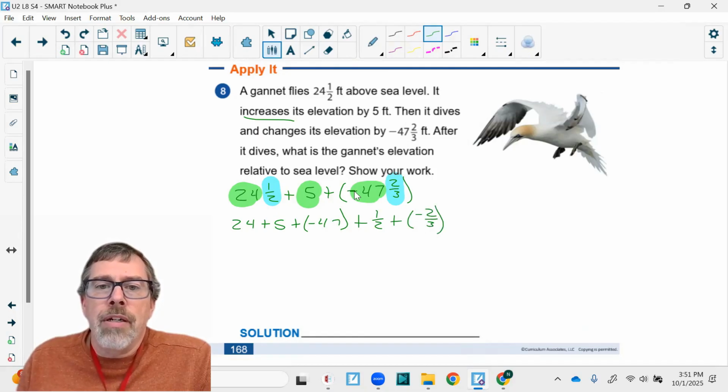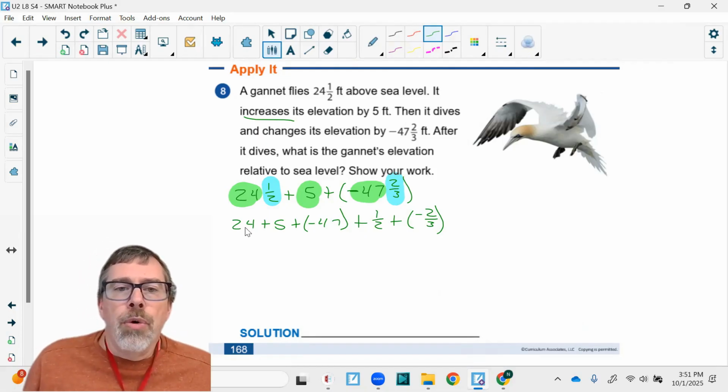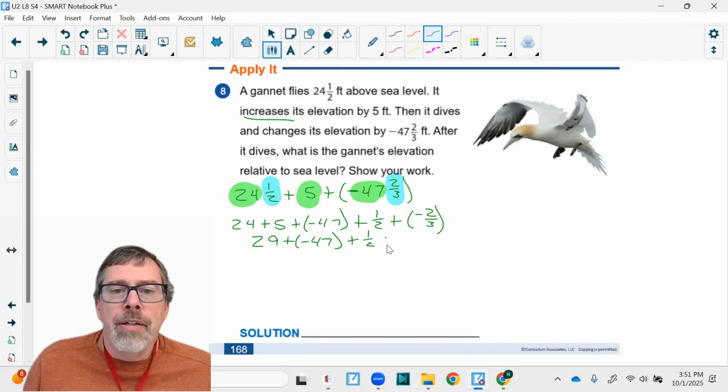Okay, because of this sign right here, the whole thing's negative. Okay, so 24 plus 5 is obviously 29, plus -47 plus 1/2. So I just did one step there, plus -2/3.